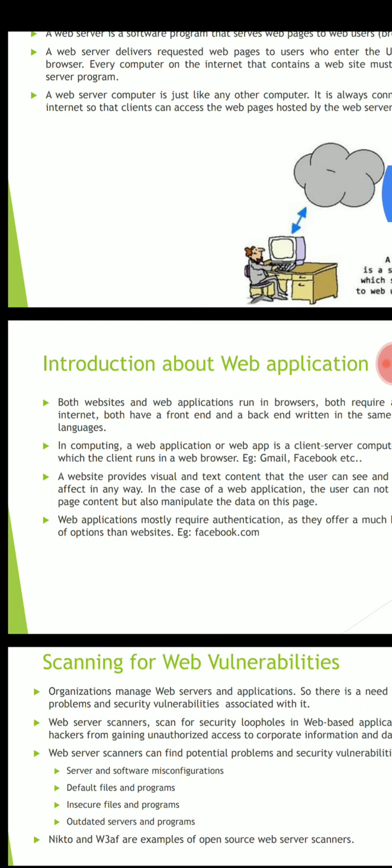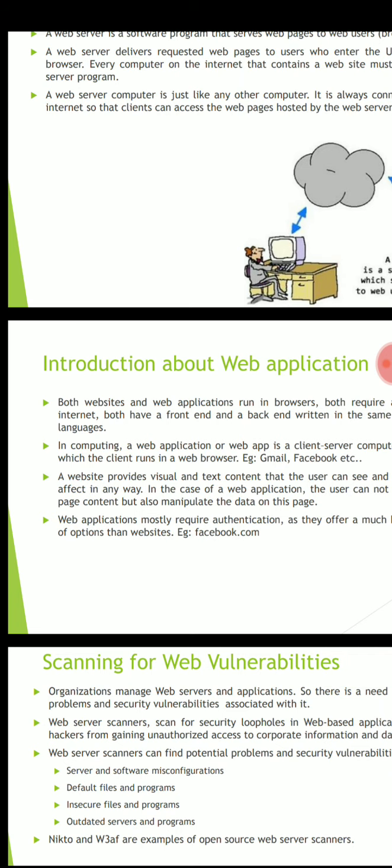For example, a web application example is Gmail. A website example is our college website or any organization's website. Suppose a company called TCS has its own website, but Facebook is a web application. It needs authentication, to know who is using it.